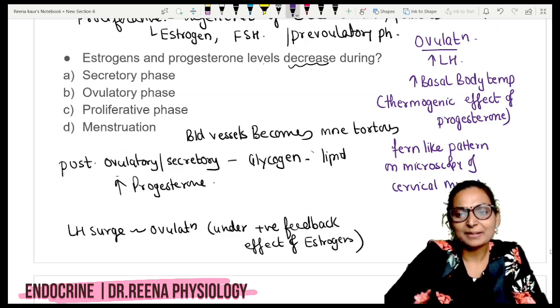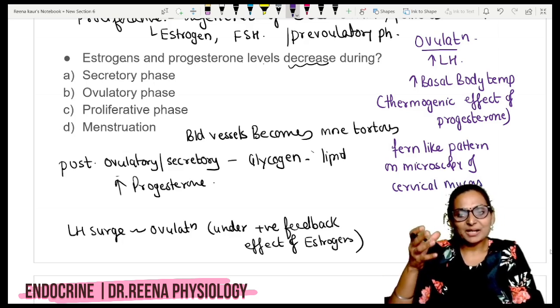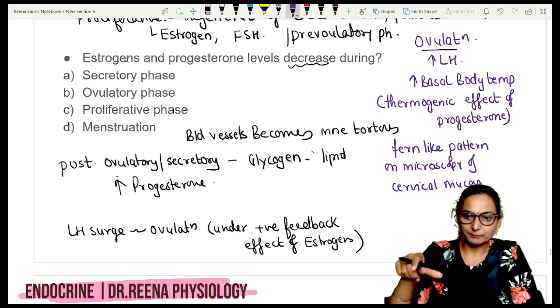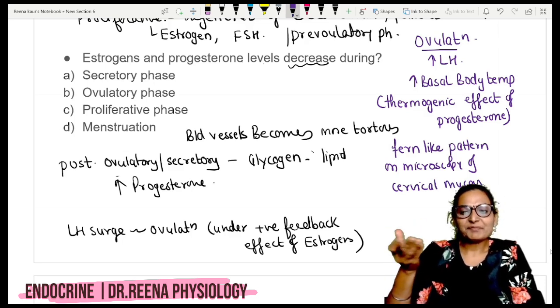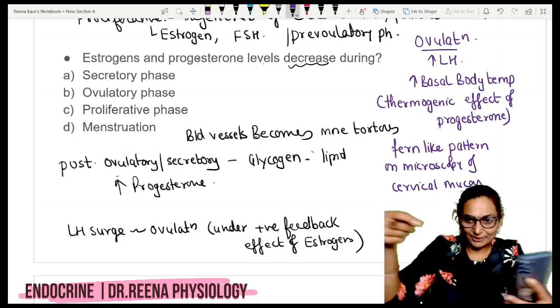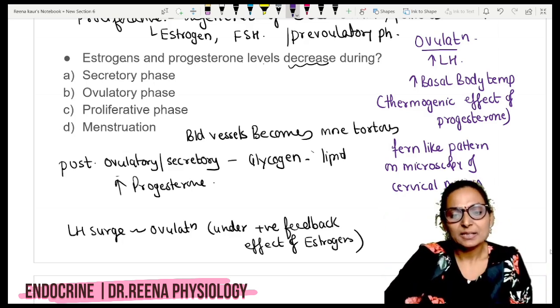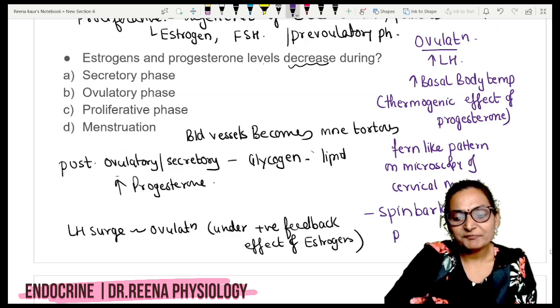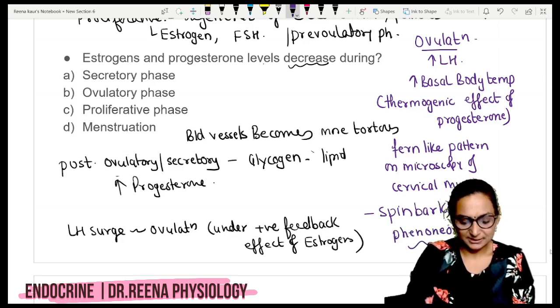The cervical mucus becomes such that there is easy penetration of the sperm. So you look at it and you find a fern-like pattern. And the cervical mucus can be stretched. The elasticity increases. This is called the spinnbarkeit phenomenon, that is the stretching and increased elasticity.